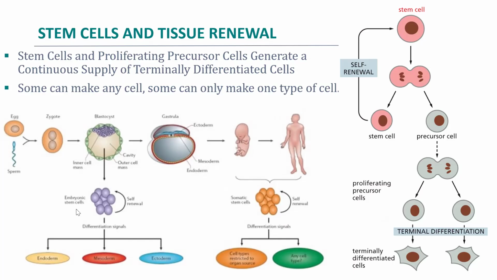We don't retain embryonic stem cells forever because we don't retain being an embryo forever. But in this process, as the stem cell itself is proliferating and making more stem cells, it's telling some of those cells, yes, go off. You need to become endoderm, or you need to become mesoderm, or you need to become ectoderm.